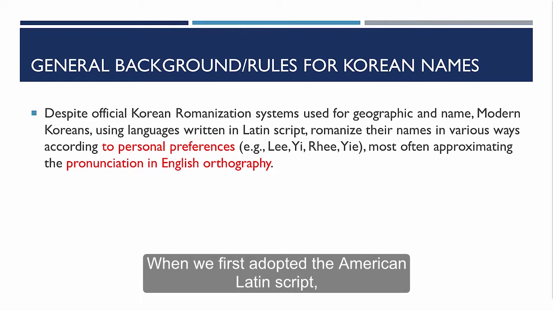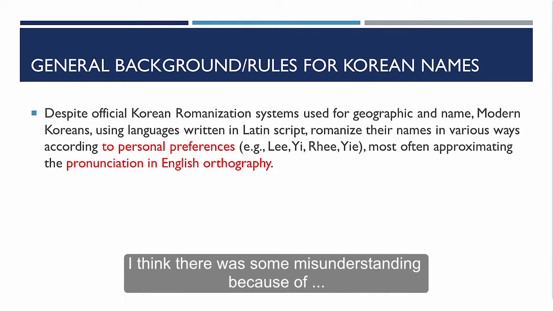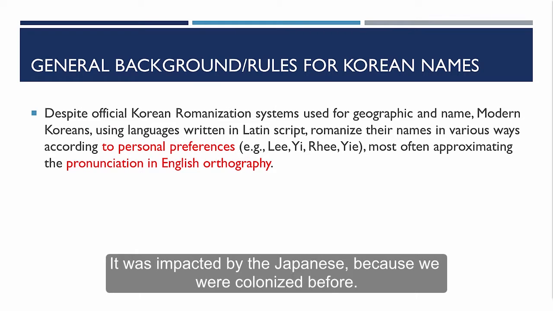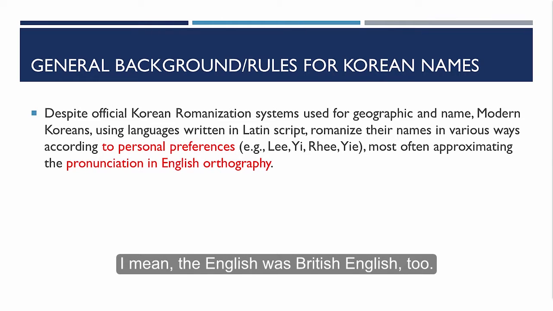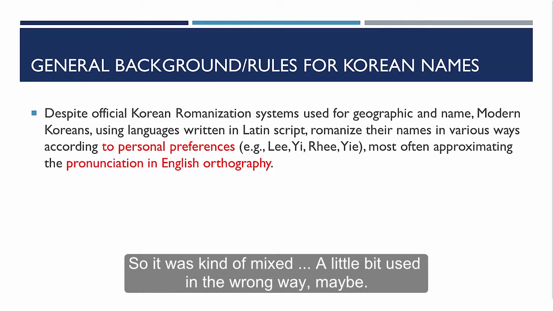But when we first adopted the Latin script, I think there was some misunderstanding, because it was influenced by the Japanese, since we were colonized before, and also our first English was American English. The English was British English too. So we kind of mixed it, and maybe used it a little bit in the wrong way.